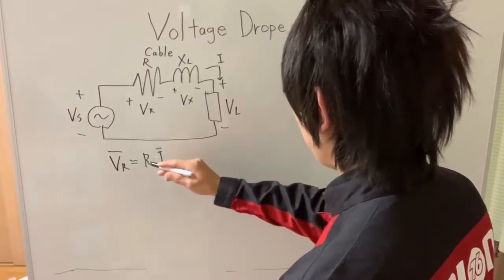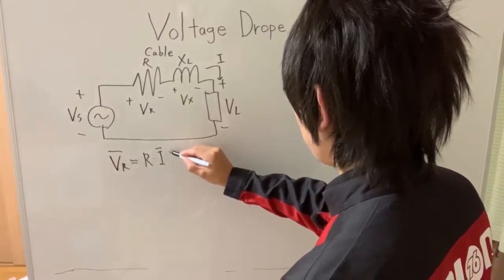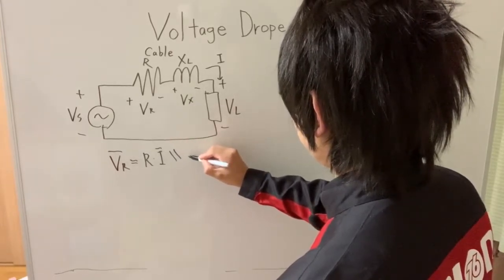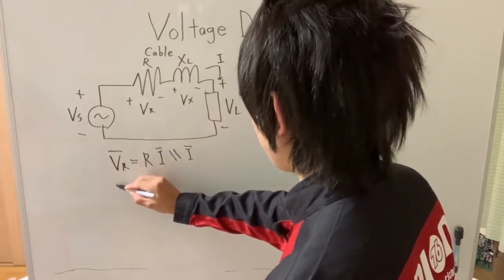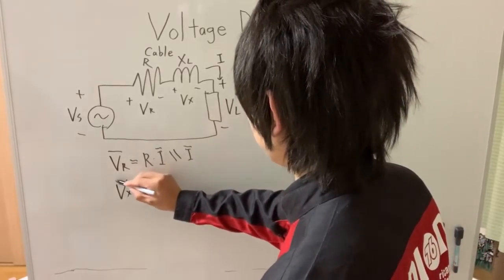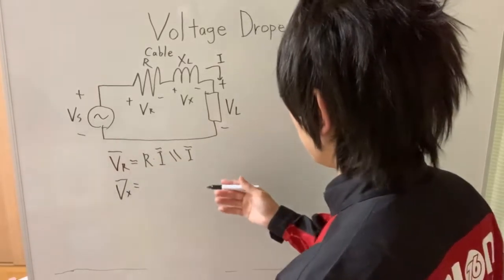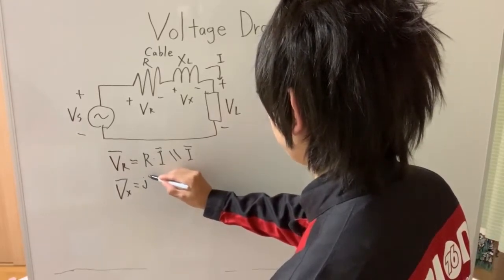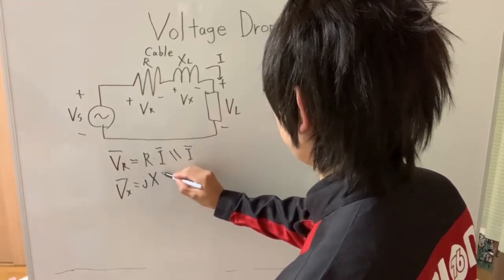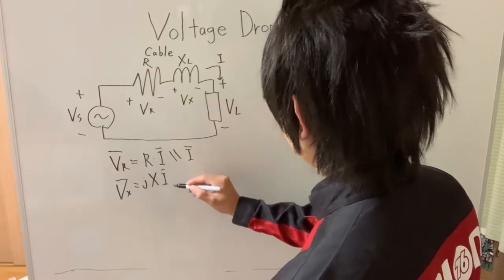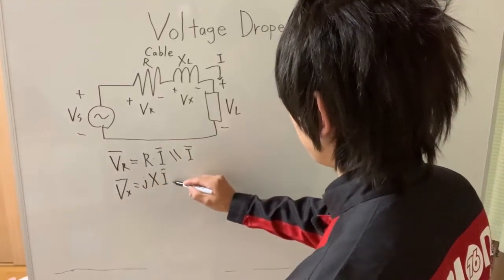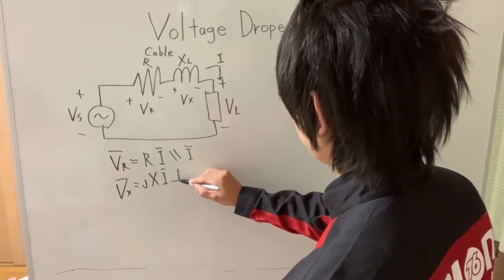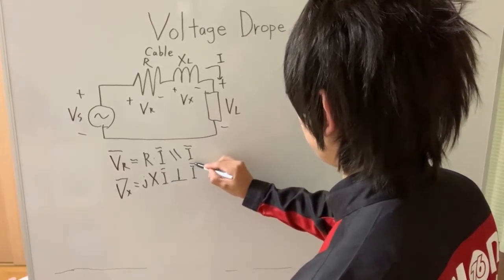That means VR is parallel to the phasor I, and VX is computed as jXI, and j is 90 degrees. That means VX is perpendicular to the phasor of the current. Right?